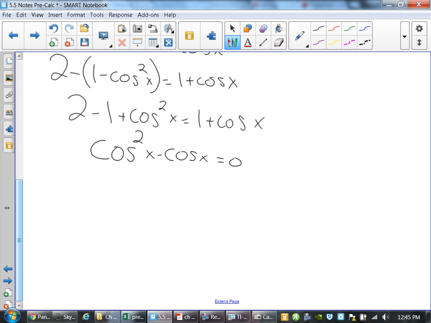What do they have in common? Factor it out. And now you have your two terms set equal to 0. It is a big pain problem and takes a little bit of time to get through. So where is cosine equal to 0 and where is cosine equal to 1?